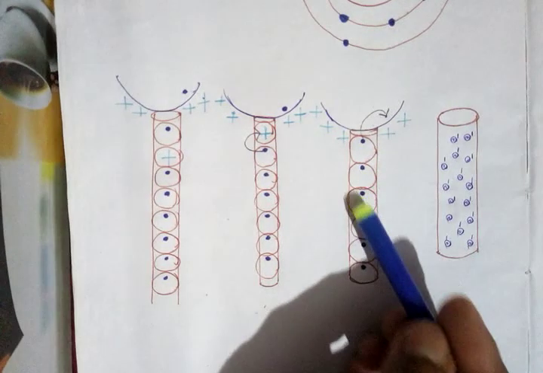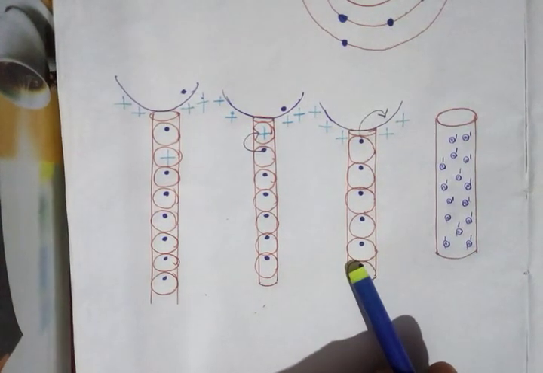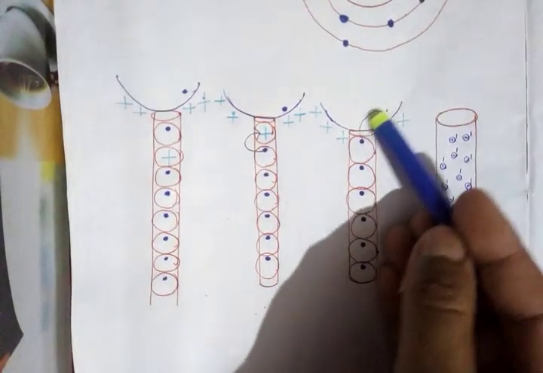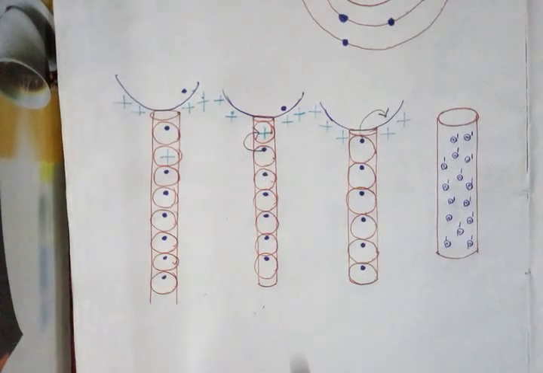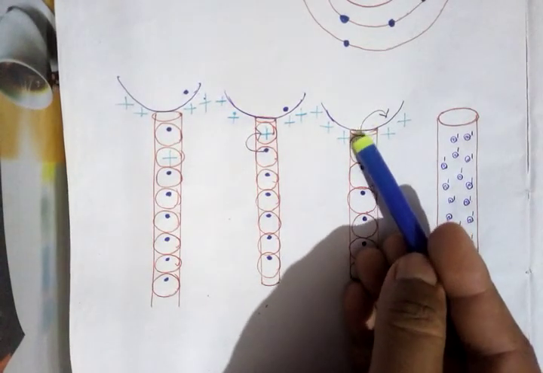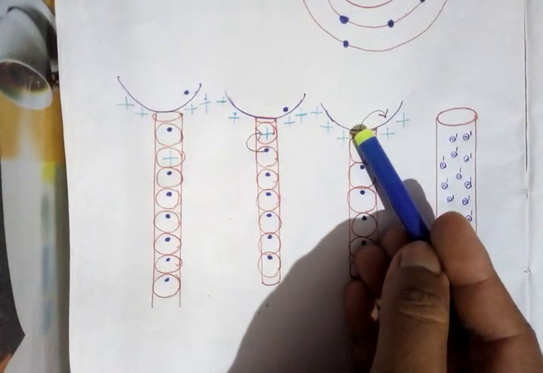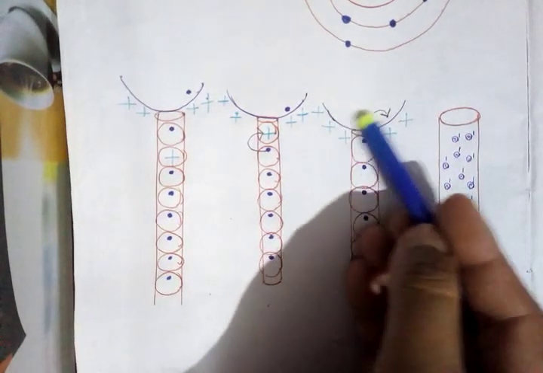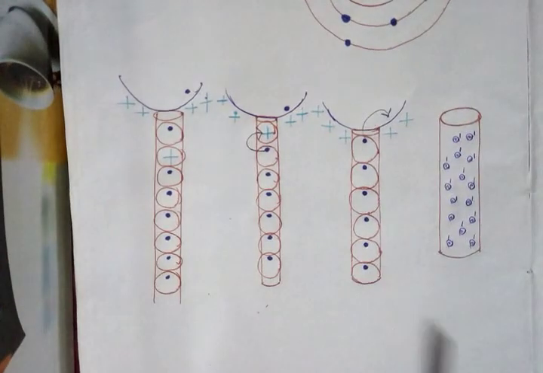Suppose these are all atoms of metal. So it is a metal rod. It is connected with a positively charged body. So the electron of this metal atom will be attracted by this positively charged body because electrons are negatively charged.